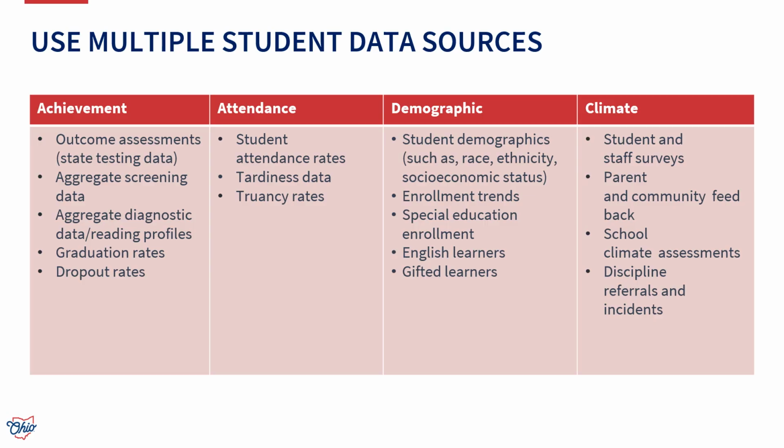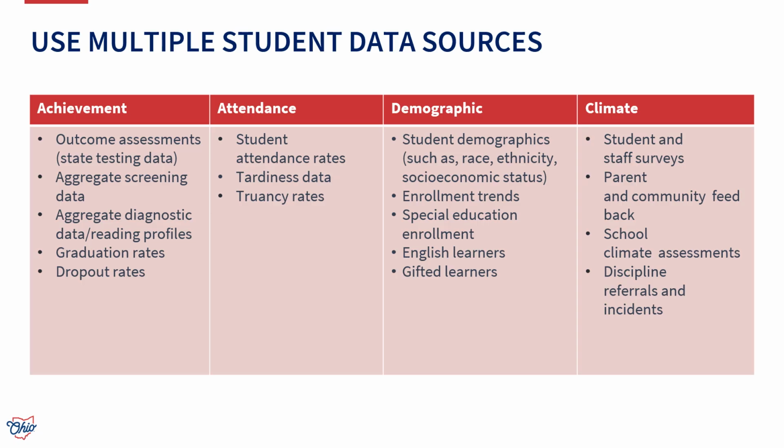It is important to use a combination of qualitative and quantitative measures to assess progress for both students and educators. Student data sources encompass a wide range of information to inform literacy planning, including achievement data, such as state tests, screening and diagnostics, attendance patterns, demographics, such as race, socioeconomic status, special education, and English learners, and climate indicators, such as surveys, discipline incidents, and school climate assessments.